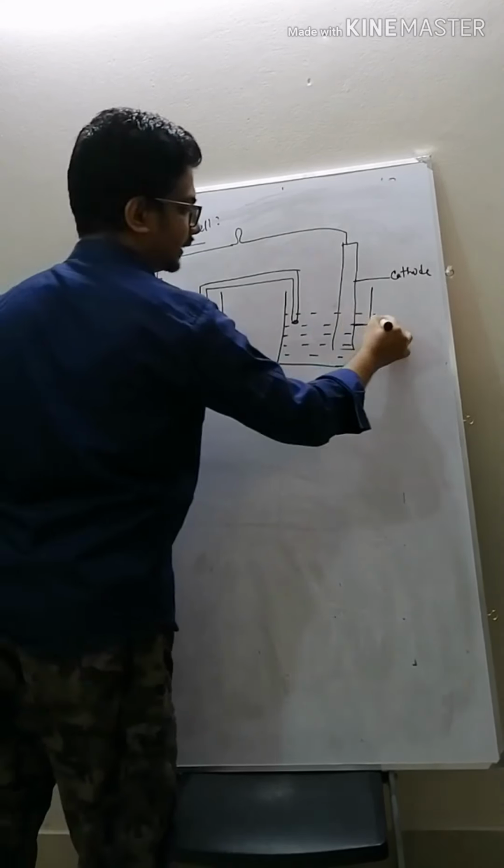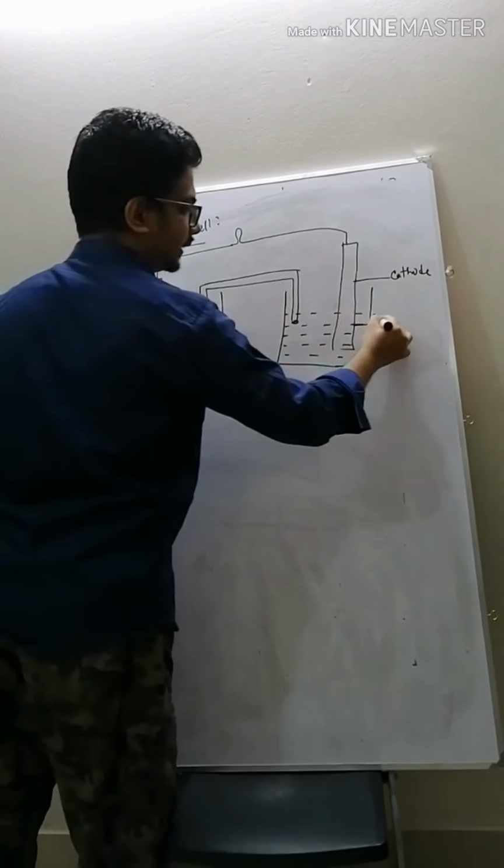And what is the reason we use this salt bridge? Salt bridge is used to balance the positive and negative ion in this solution. If the reaction continues, then here the positive ion is lower and the negative ion is higher in this electrode.